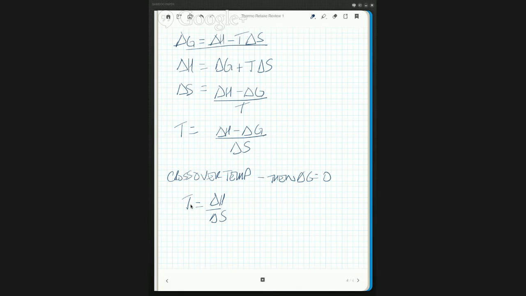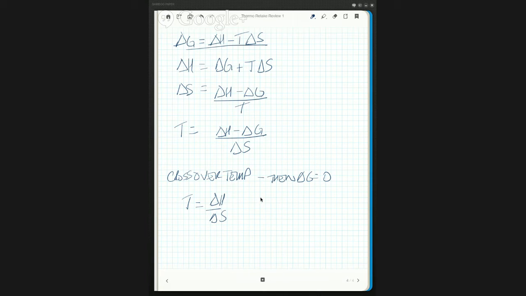So you have to be able to manipulate those equations and look for where you have these other values in your problem. Now, if you're missing one of those values, maybe they gave you enough other data that you could figure it out.